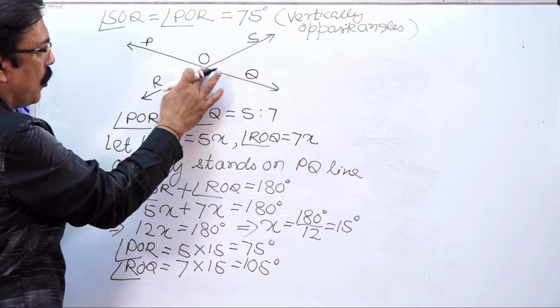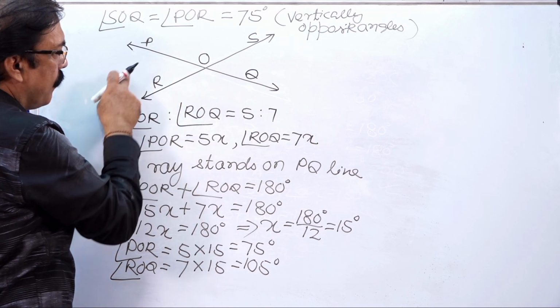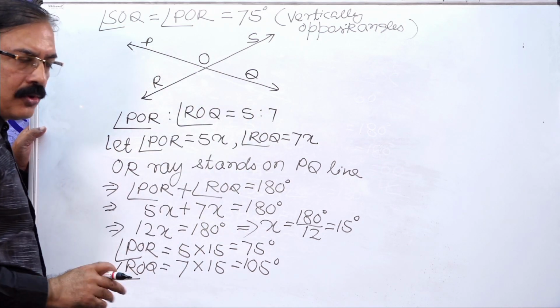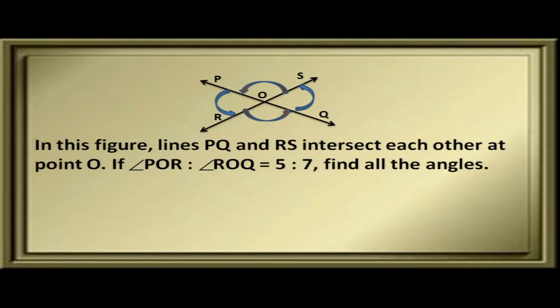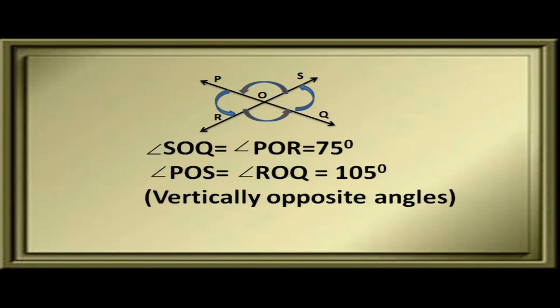Similarly, POS and ROQ are also vertically opposite angles. So we can write angle POS is equal to angle ROQ is equal to 105 degrees.